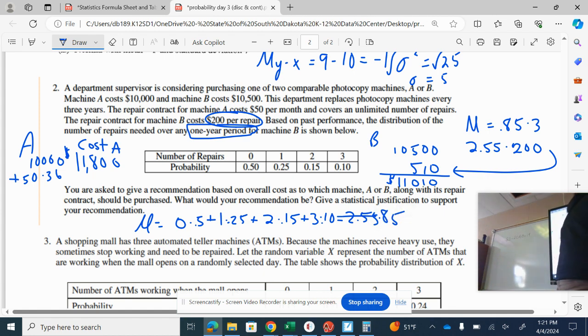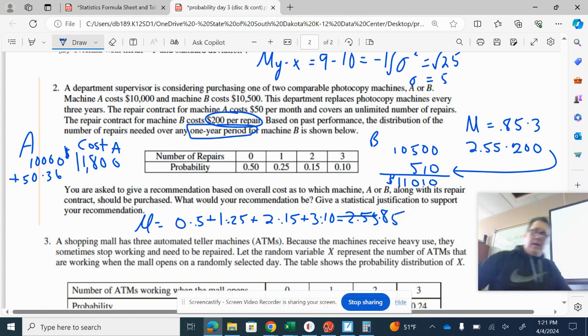Then we took that times 3, because we expect about a repair in a 1 year period, but we took it times 3, got us 2.55 times 200, getting us the 510 that we would spend on repairs. Now, of course, you can't have 2.55 repairs. Some students might say, well, we're going to estimate 3 repairs, and even if you go 3 repairs and you add 600, this machine is still $700 less.